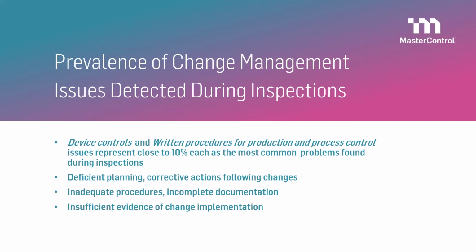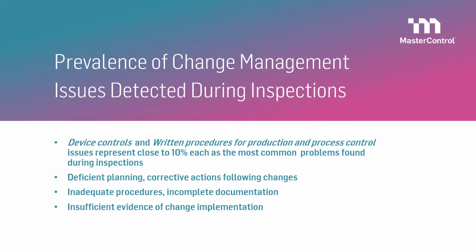The two top things that they're seeing as deficiencies, and the numbers, it's 10% for each one of these, which is really high, are issues around device control and written procedures for production and process control. Now, those are big, but they're also things that you can handle if you've got a good change management process.